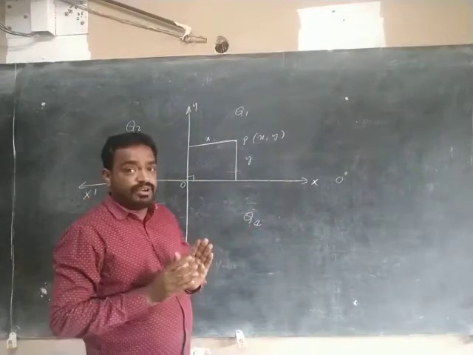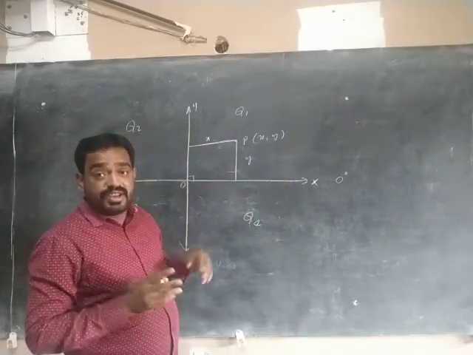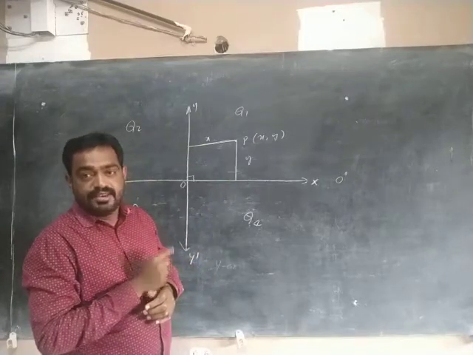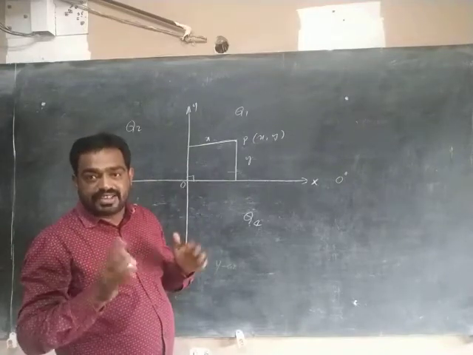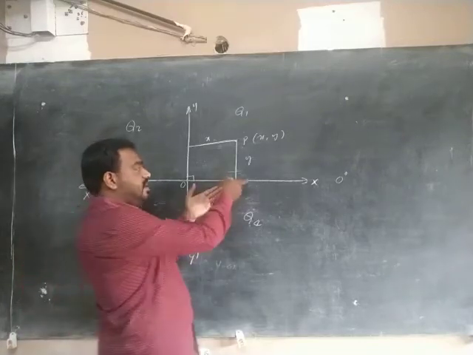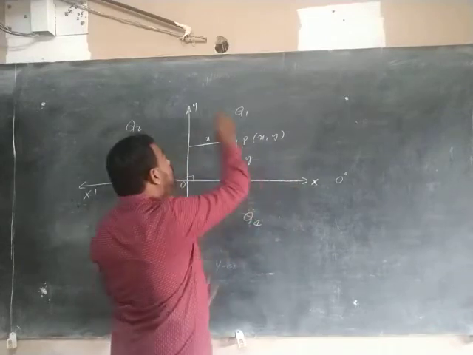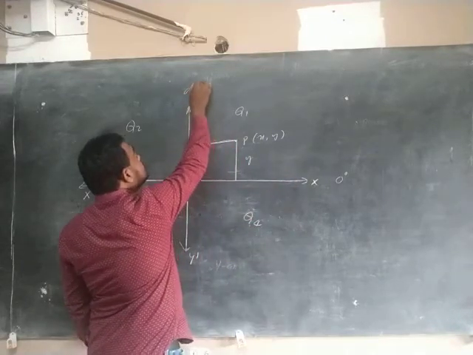Here, consider the angle between two mutually perpendicular lines. Perpendicular means what is the angle between them? 90 degrees. If I measure in the anti-clockwise direction, starting from 0 up to here is 90 degrees.